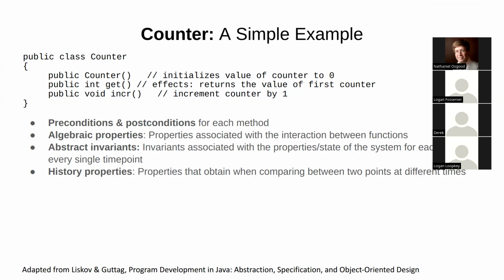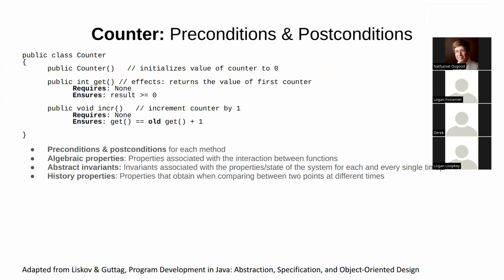A given behavior might be realized with several different sequences of code that all have the same impact. I'm talking about properties of the interface or class or module as a whole that are abstract invariants in history properties. And I want to make sure you're well equipped to identify those in your projects.